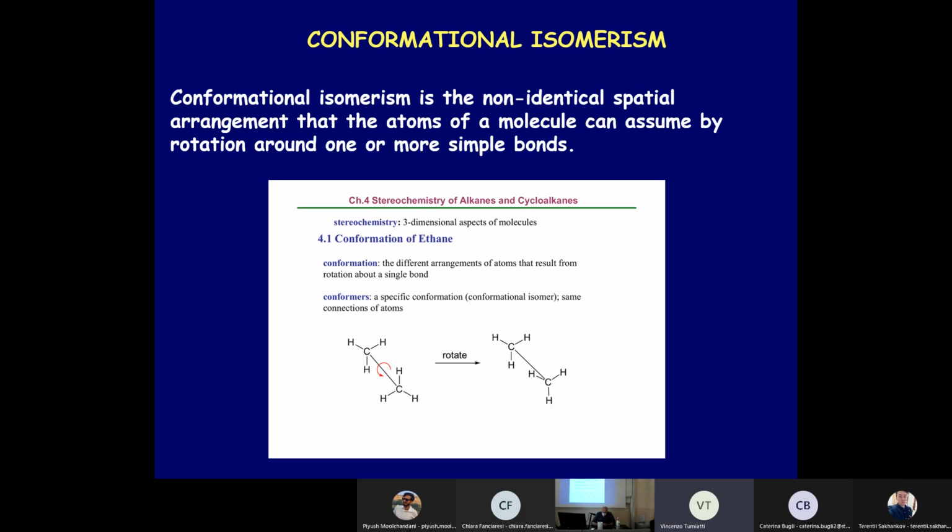The last isomerism that we see today is the conformational isomerism. Here you have the molecule of noradrenaline. You see that the molecule of noradrenaline can have a lot of different conformations.